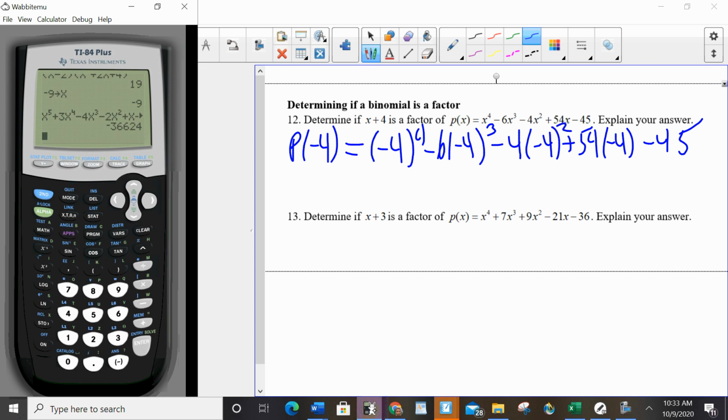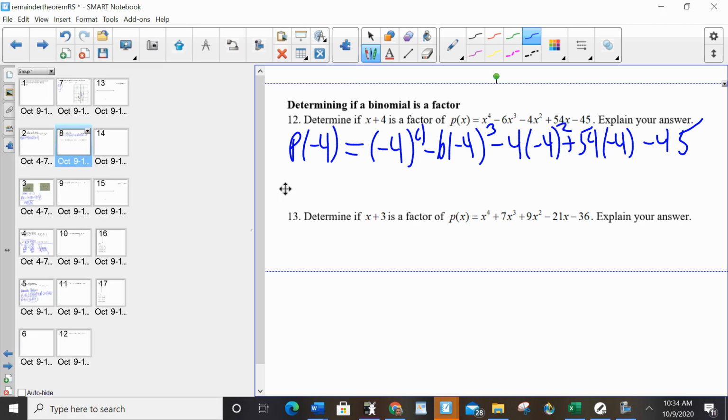Again, I want to do it by storing because I can. X to the 4th minus 6x to the 3rd minus 4x squared plus 54x minus 45.